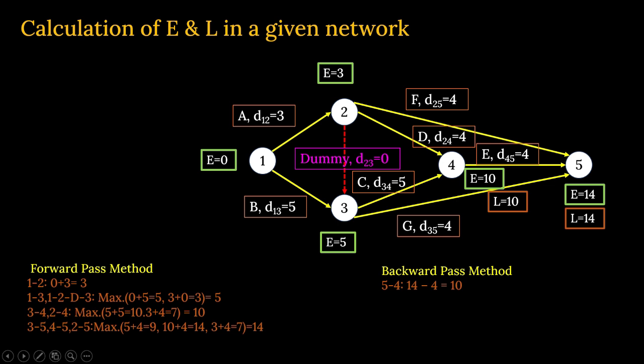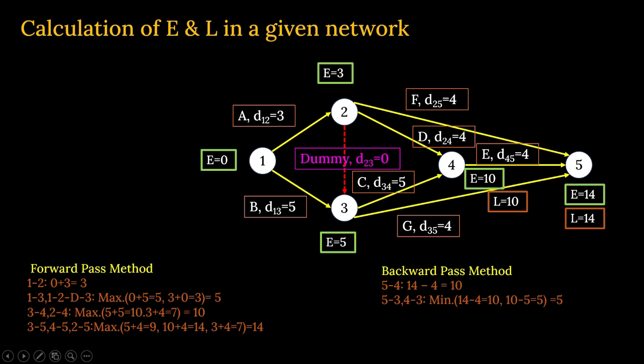Now let us consider this point. How many arrows are coming back to this point? At this node 3, 2 arrows are coming back. One arrow is coming from 5 to 3, and another is coming from 4 to 3.